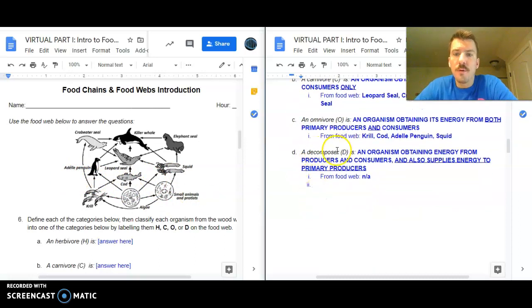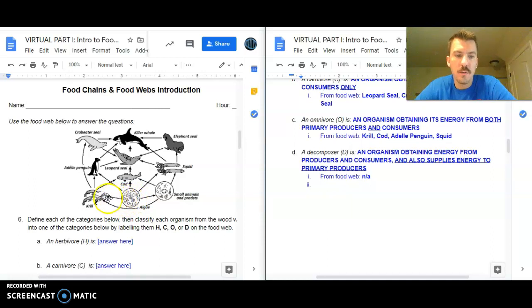There are no decomposers in this food web. A decomposer, look at this critical detail here. The decomposer supplies energy to primary producers. Think of an earthworm that breaks down dead organisms and produces fertile material to help grow plants. Here, there's nothing pointing to the algae.